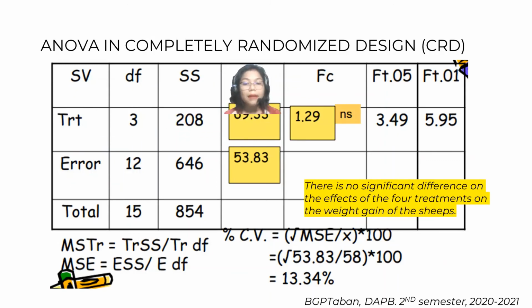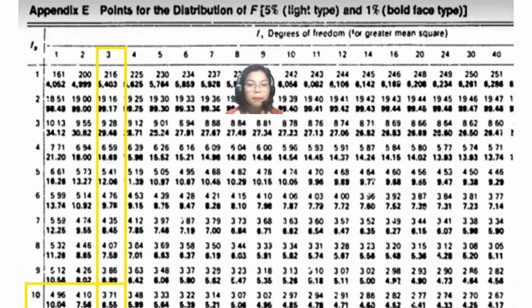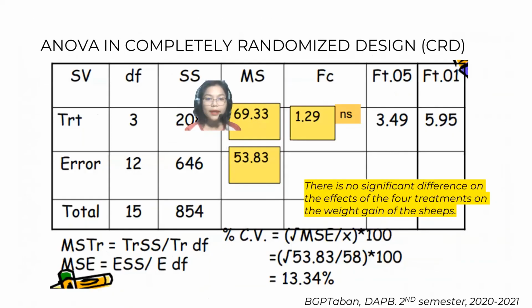So, bali po, kaso di ko po siya nasulat dito. Dito lang po ako nakafocus. Bali po, ang gagawin natin, itong part na ito po ang ating treatment DF, tapos ito po ang ating error DF. So, kaya po, we came up with ating 3.49 sa ating 5% at saka 5.95 sa ating 1%.